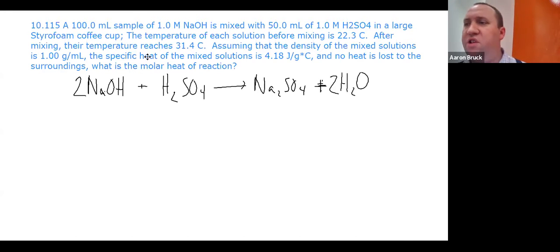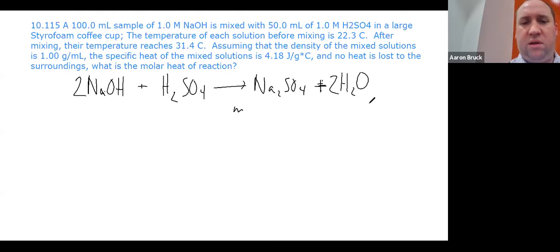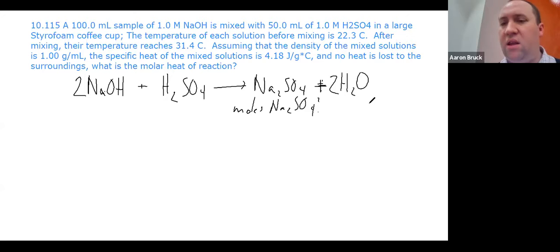So the real question in front of us is, now that we have this information, what's the molar heat? So how many moles of sodium sulfate were made in the process? Now, to answer this question, we're going to have to go through a solution stoichiometry to find the limiting reactant, to find this information out.